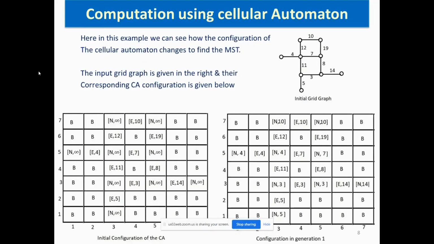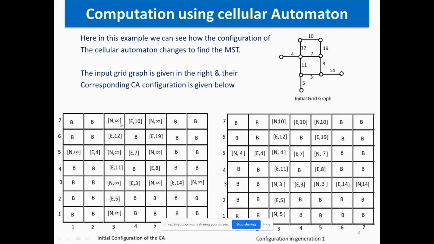So if we see here, we have an initial grid graph, and this is how the grid graph will look in the cellular automata configuration. If we represent the grid graph, as you can see, here is a node, and between these two nodes there is an edge with cost of 10.